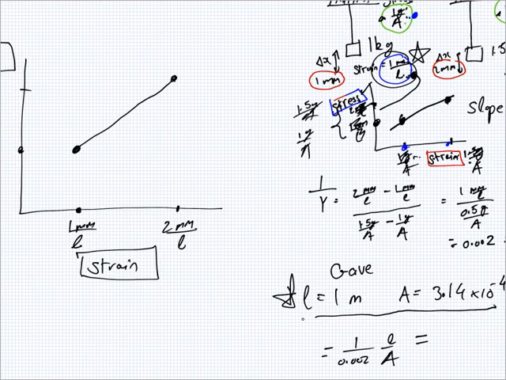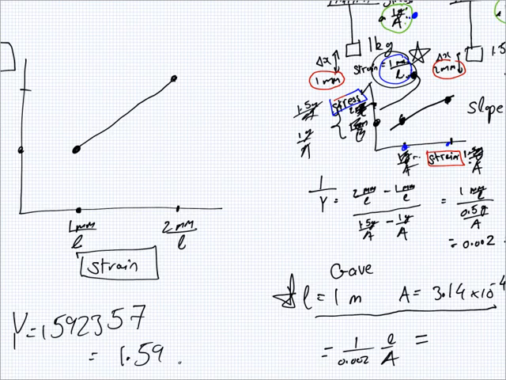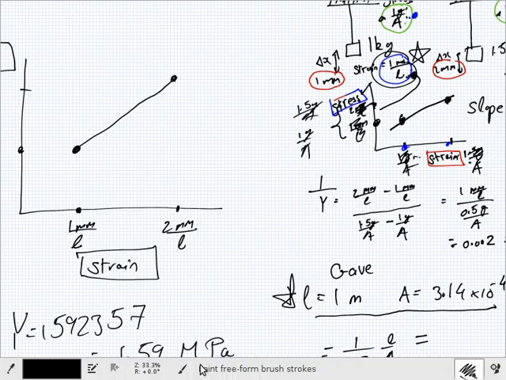So if I type this in, 1 over 0... the answer is, Young's modulus is 1592357.59 megapascals. Sorry, that was a mess.